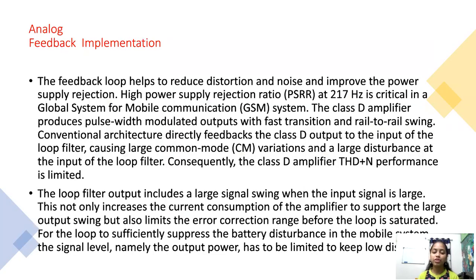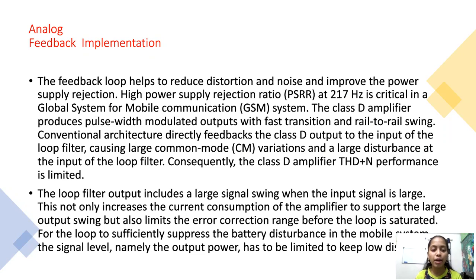Analog feedback implementation. The feedback loop helps to reduce the distortion and noise and improve the power supply rejection. A higher power supply rejection ratio, PSRR, at 217 Hz is critical in a Global System for Mobile communication, GSM, system.